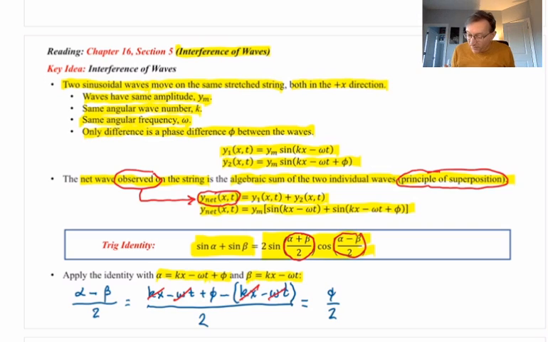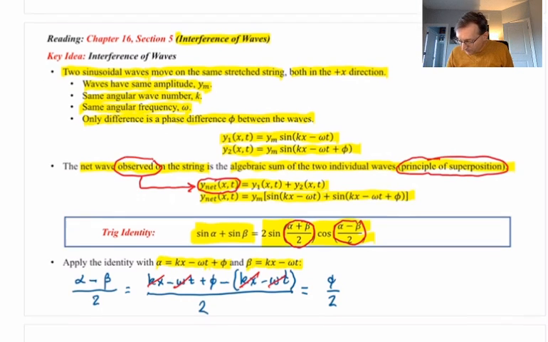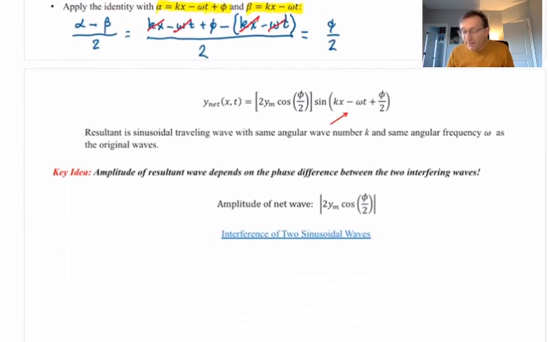So let's see what the final functional form for y net is. And there it is. And it's important for us. The functional form for the net wave, the superposition of the two sinusoidal waves with the phase difference phi between them.